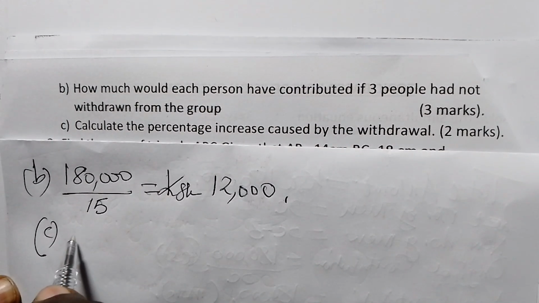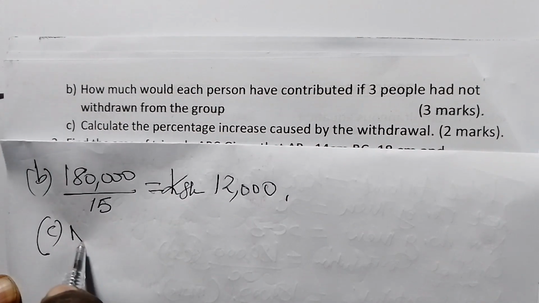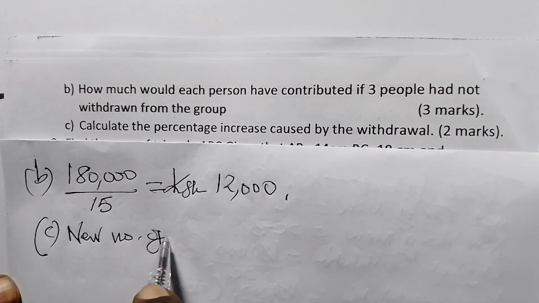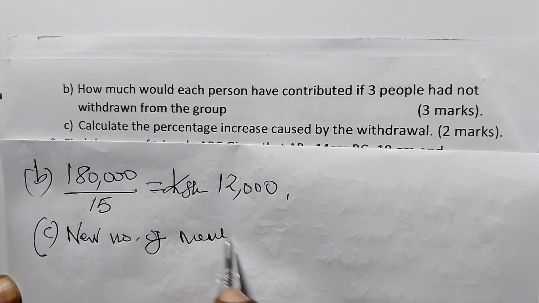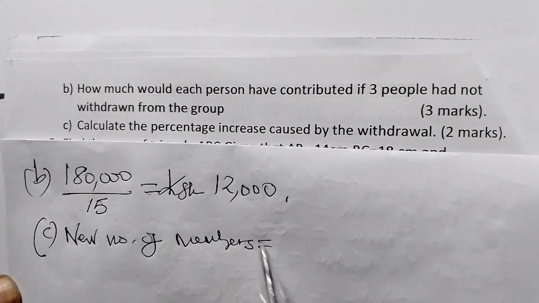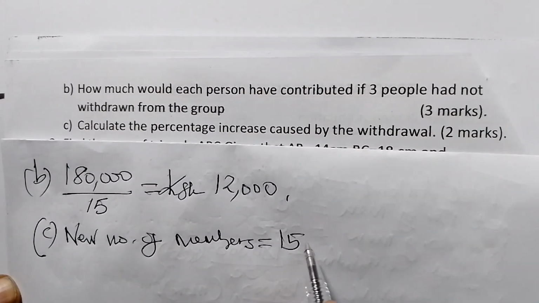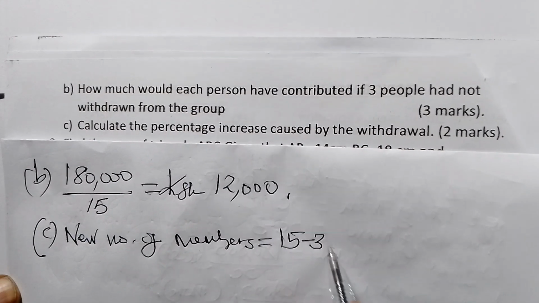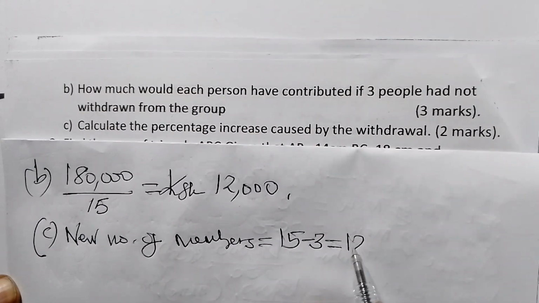After 3 members withdrew, the new number of members would be given by 15 minus 3, which gives you 12 members.